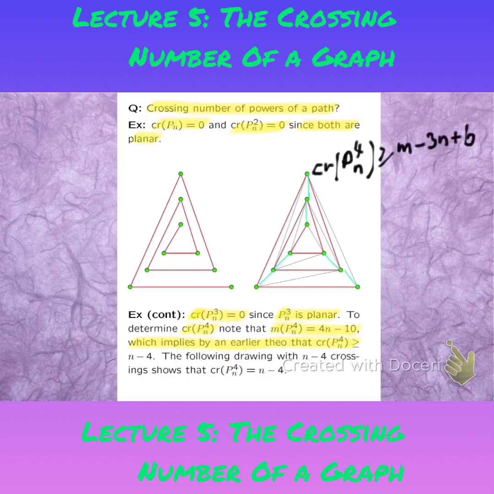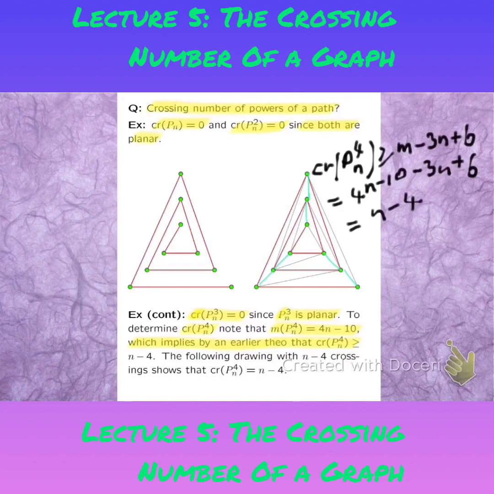Remember, we derived it, and then obviously it's 4n minus 10, plus 3n, 4n minus 10, minus 3n plus 6. Right, and that is obviously n minus 4.